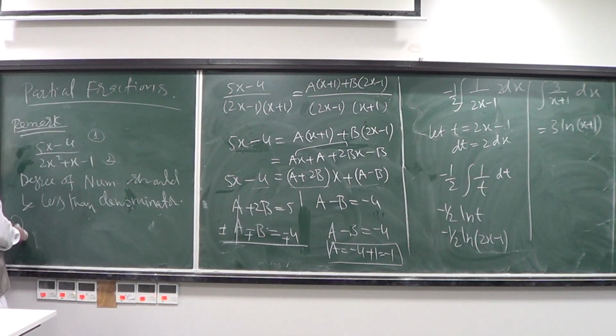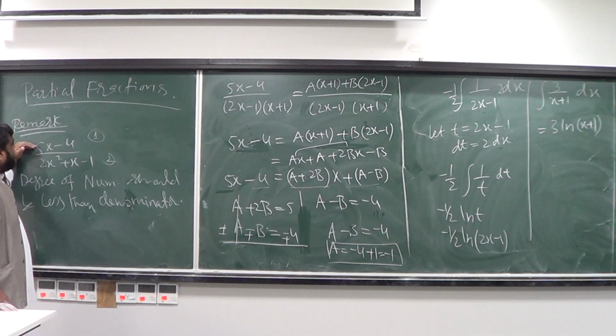So this naturally raises a question. What if the degree of the numerator is not less than the denominator? What if both have the same degree? Or the degree of the numerator is bigger than the degree of the denominator? What to do in that case?